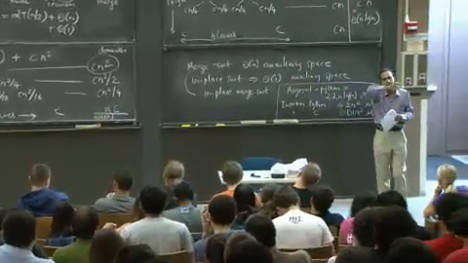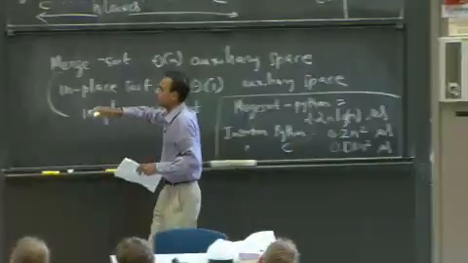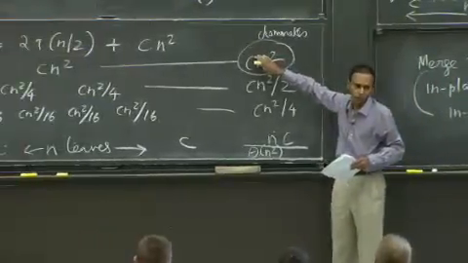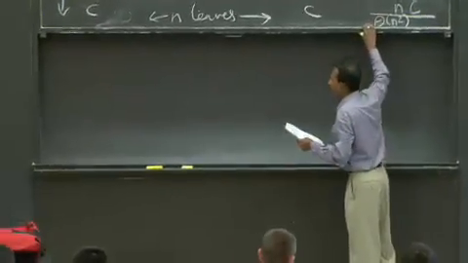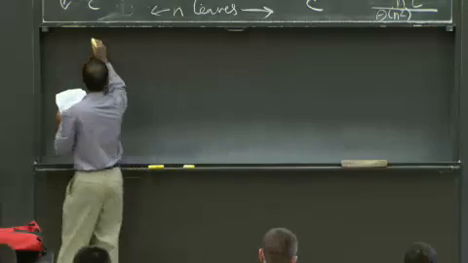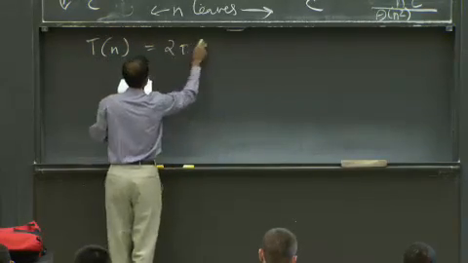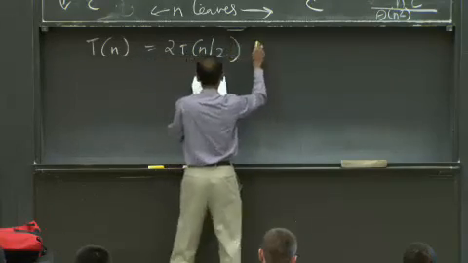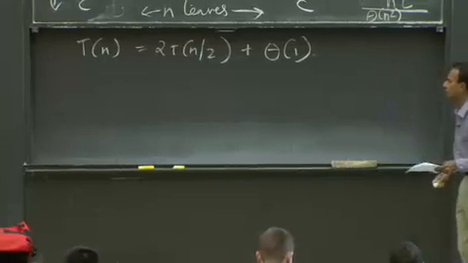Here, there was a roughly equal amount of work done in each of the different levels. All right? Here, all of the work was done at the root. Okay? And so to close up shop here, let me just give you real quick a recurrence where all of the work is done at the leaves, just for closure.